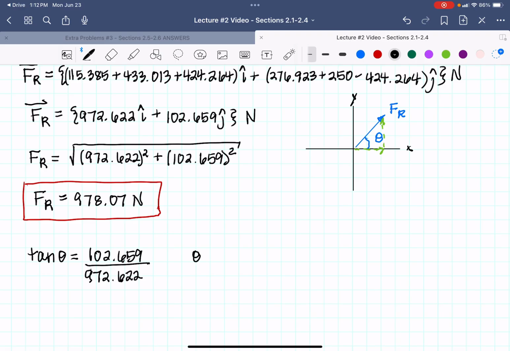I take the inverse tangent of that value, and I get that theta equals 6.03 degrees. And it is measured counterclockwise from the positive x-axis.